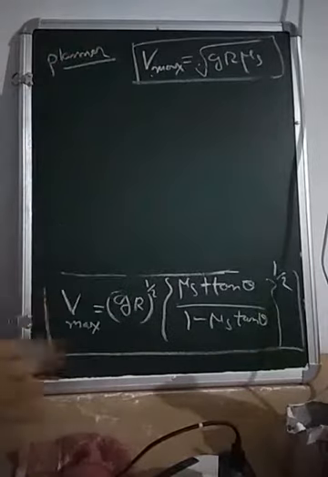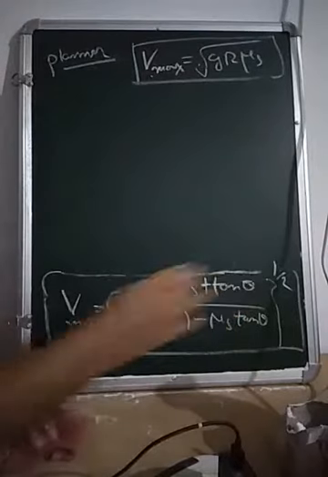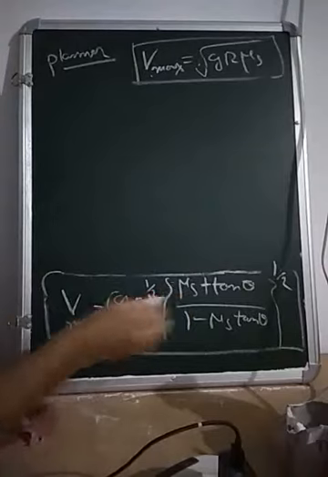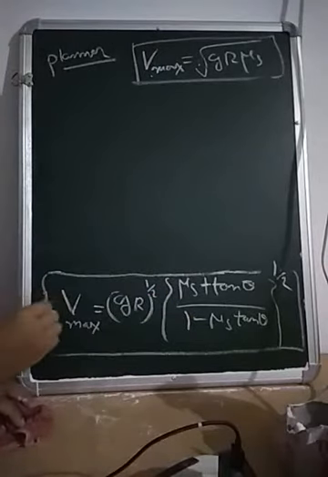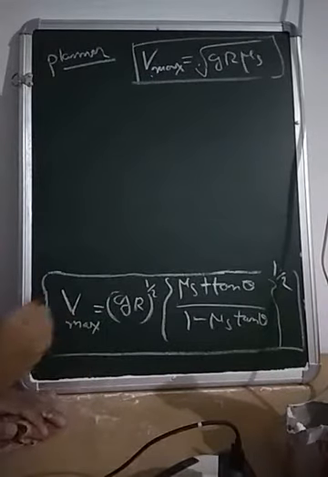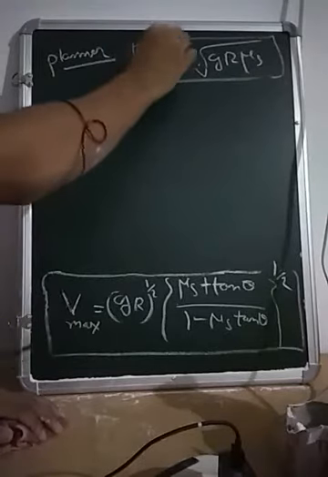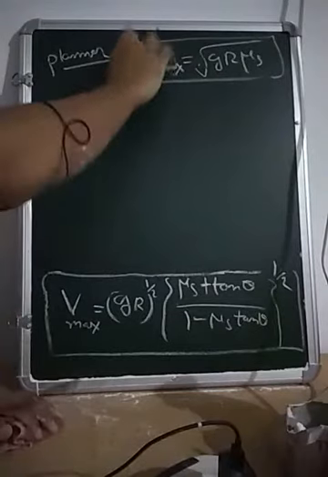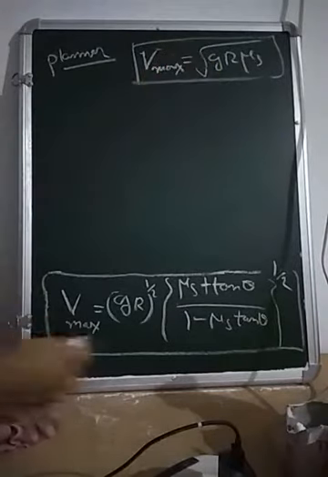Now see, here, this is the banked road. In case of a planar road, what is the maximum velocity at which we can take a turn on a circular road? It is this much. In case of a banked road, what is the maximum velocity?